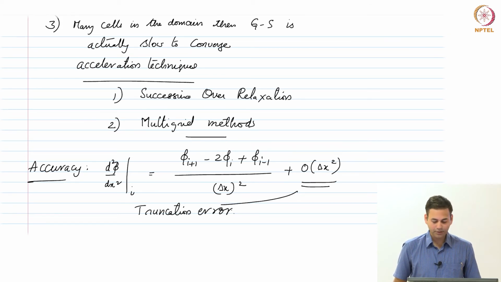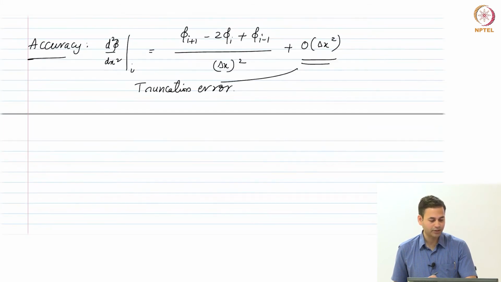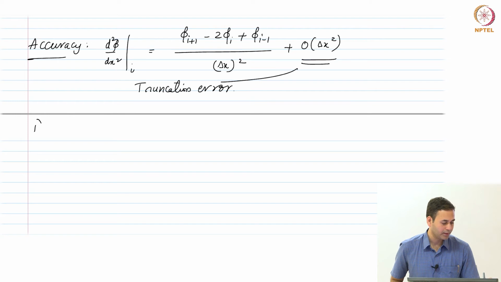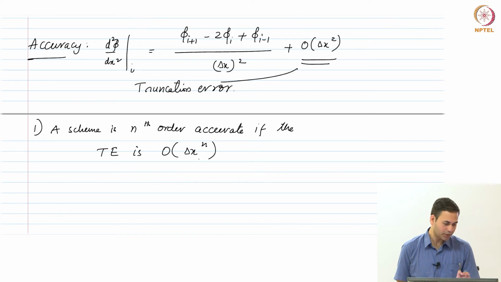Now, accuracy is basically defined by the truncation error that we have. So, essentially a scheme is nth order accurate if the truncation error is order delta x to the power n. That means this particular scheme is second order accurate.